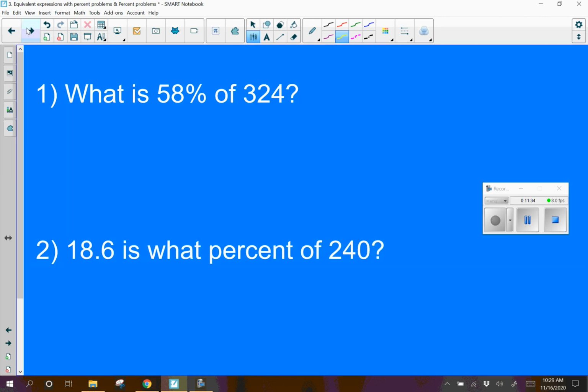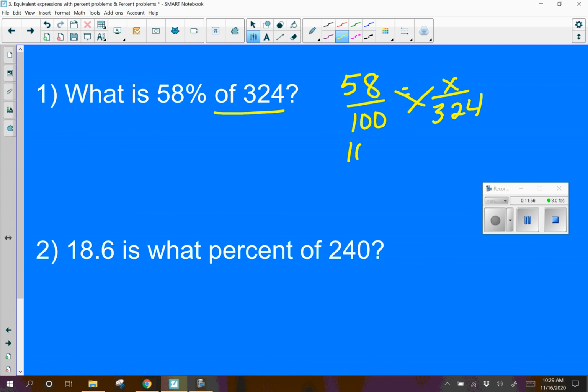Let's just do a couple of these problems. It says, what is 58% of 324? So again, I'm going to do 58 over 100 equals, and I can see of 324. So that means 324 is our whole. And X is going to go on top.